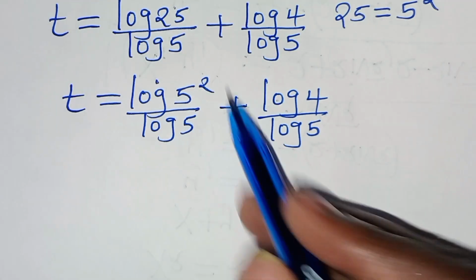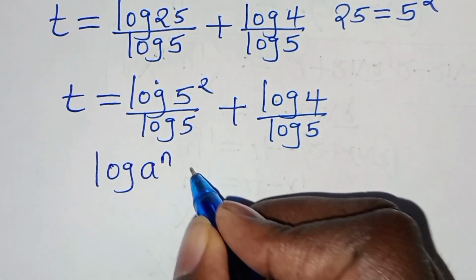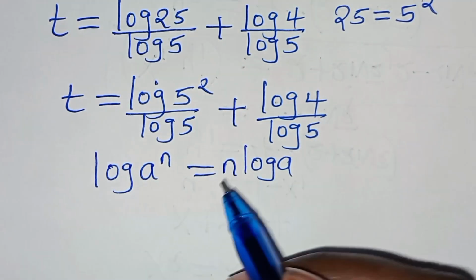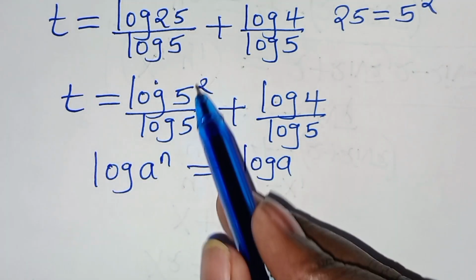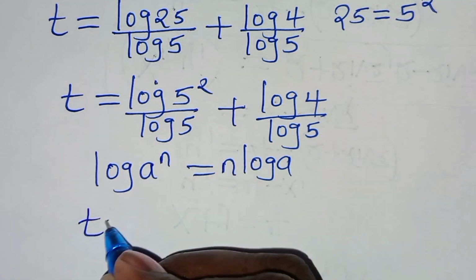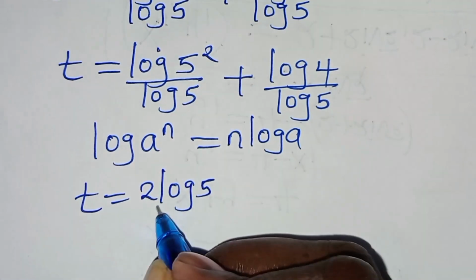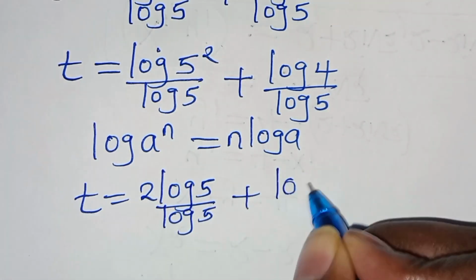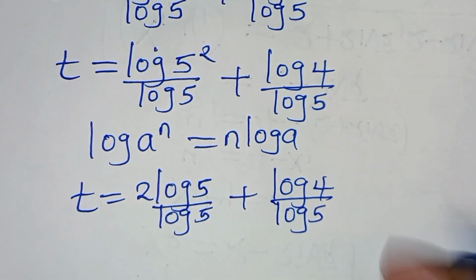Log 5 to the power 2 is in the form of log a to the power of n, which you can express as n log a. Applying this property, log 5 to the power of 2 becomes 2 log 5 divided by log 5, plus log 4 divided by log 5.